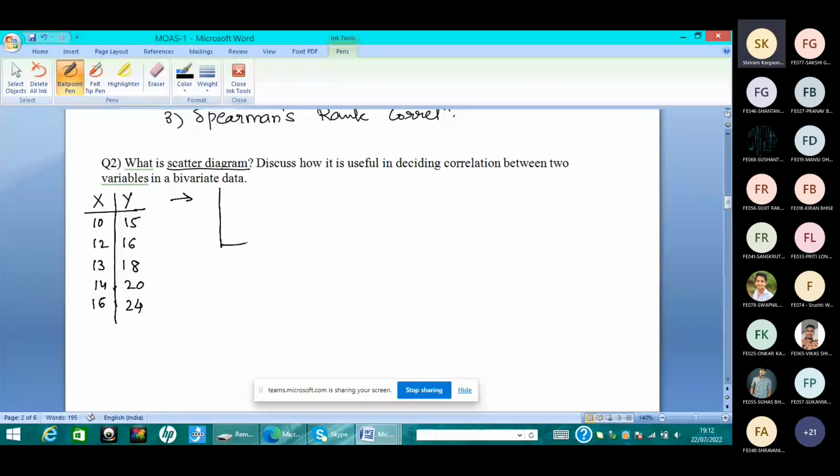So scatter diagram means what? It is the simplest type of studying the relationship between two variables. It is very simple to understand. It is the simplest and easiest way of studying the correlation.